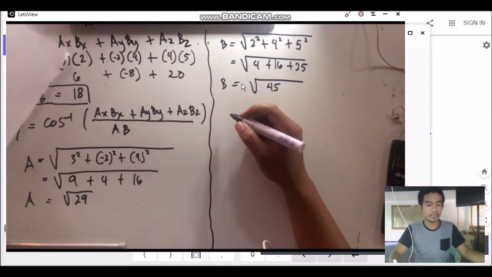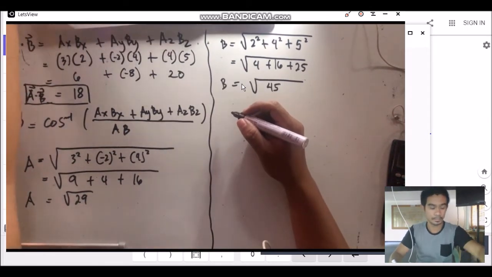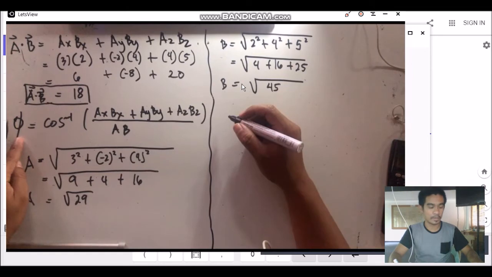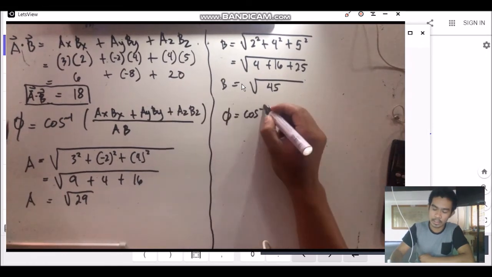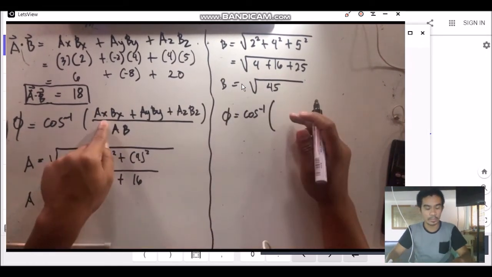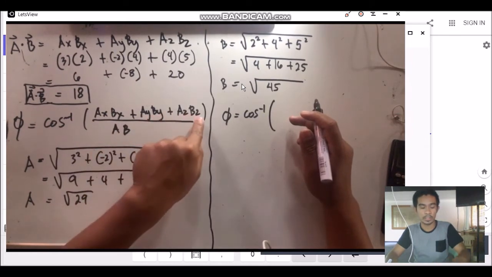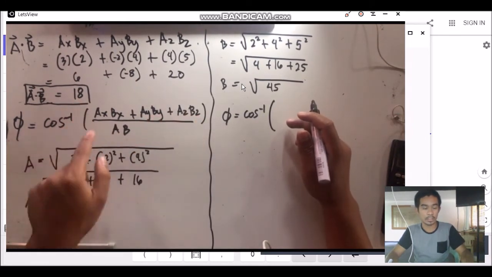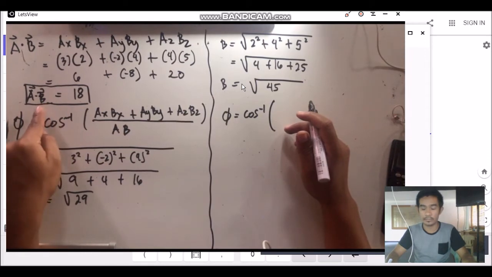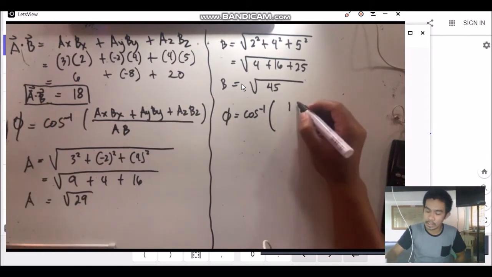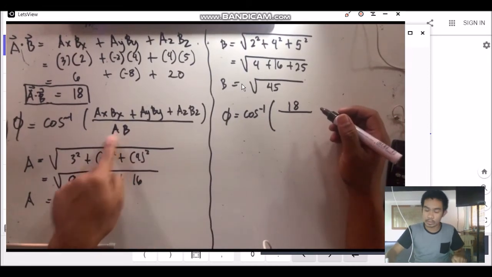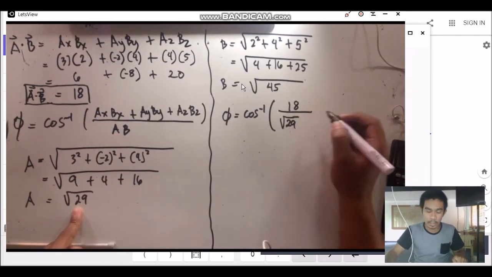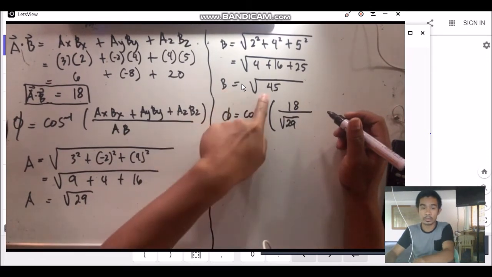So we can now look for the angle phi, which is the angle between the two vectors. Angle phi equals the inverse cosine of AX BX plus AY BY plus AZ BZ, that is 18, the dot product of vector A and vector B. So you have 18 over the magnitude of A, which is the square root of 29, and then the magnitude of B, which is the square root of 45.